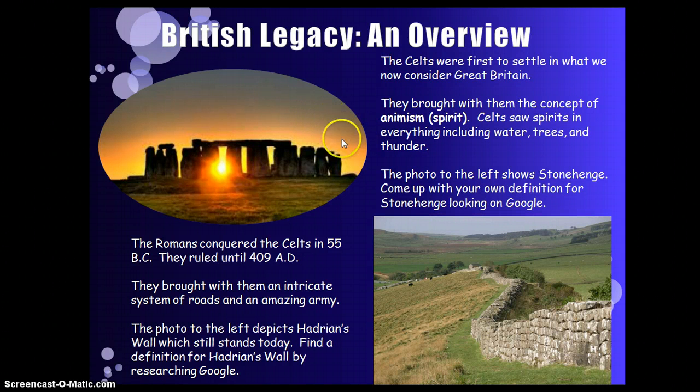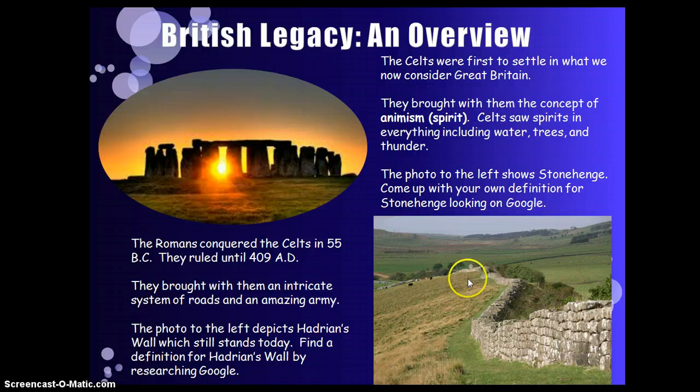But one thing I can tell you is that these stones are bluestone, and they each weighed about 250 tons apiece. One of the mysteries historians have found is that they really don't know how they were moved to their specific location. But there are all sorts of ideas for what this area named Stonehenge might have been used for, and that's what I want you to figure out through Google.